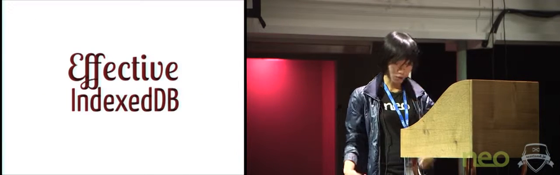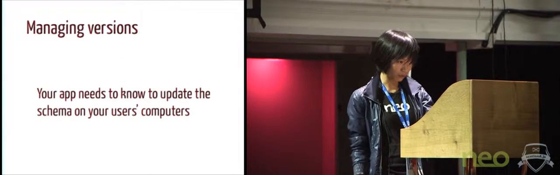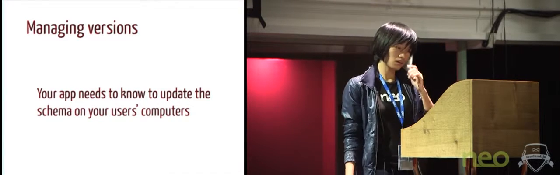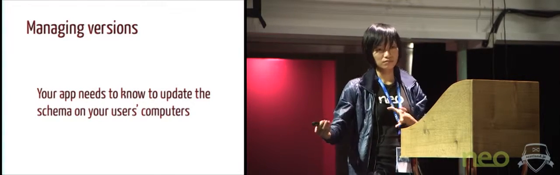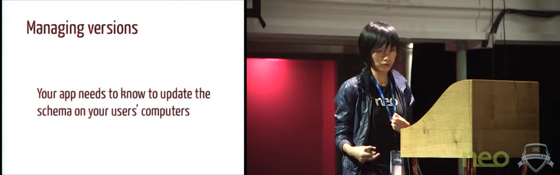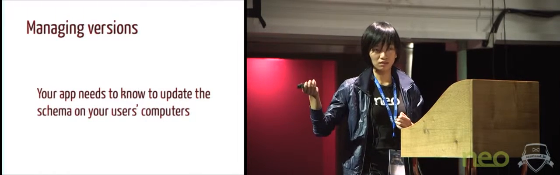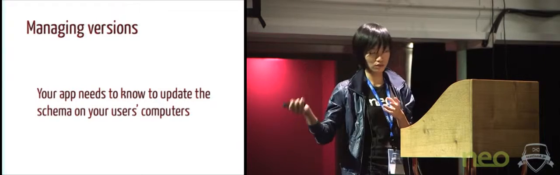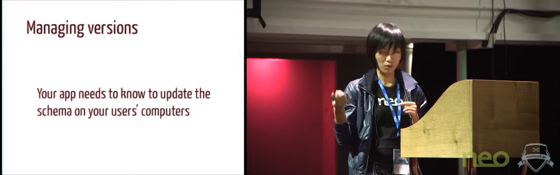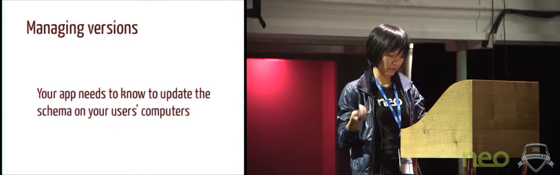So lastly, I want to show a few tips on IndexedDB that we find useful. The first one is managing version. Your application database is stored in the user's browser, which means whenever you upgrade your database and deploy some new versions on your server, you have to detect what version the user's database is in and do the migrations.